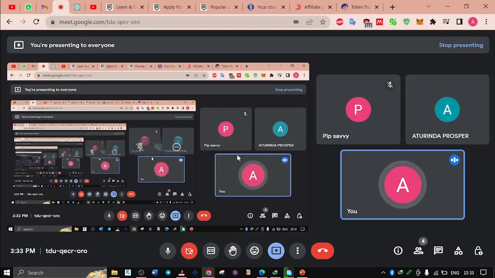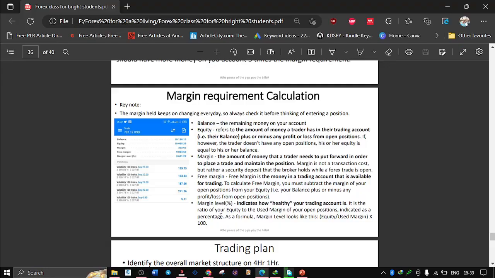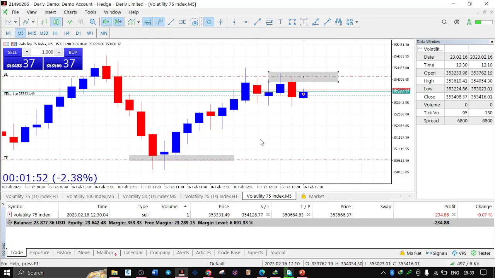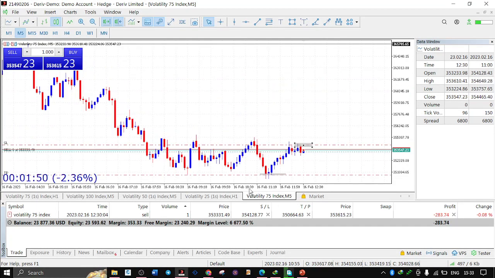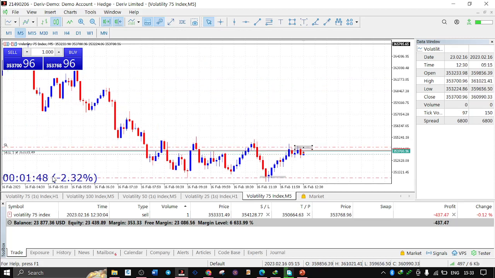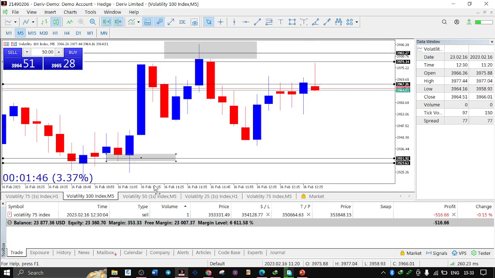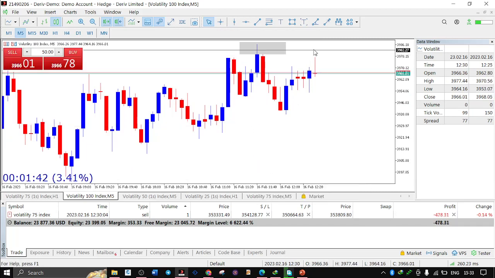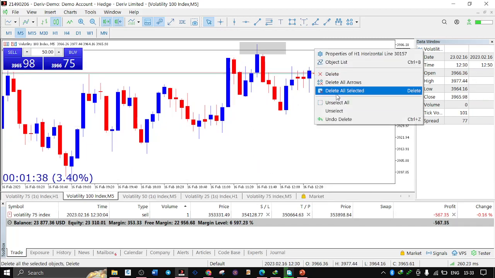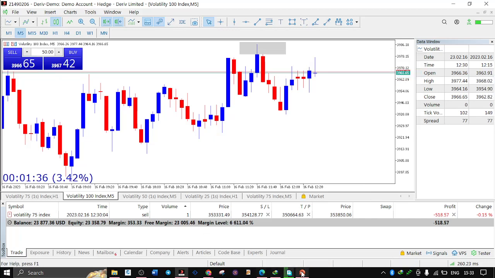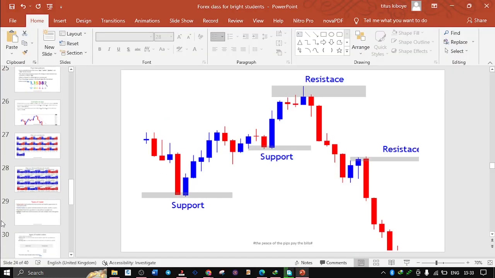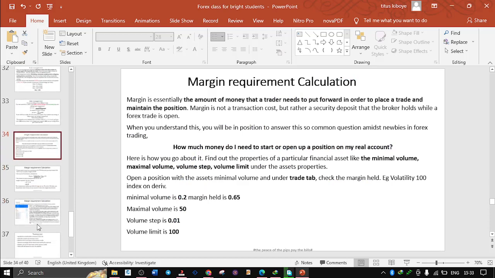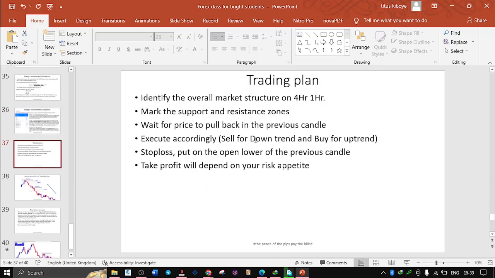I was saying, the strategy I want to teach you is: we go on a higher time frame and we identify our support and resistance. I was reading the strategy, the trading plan.